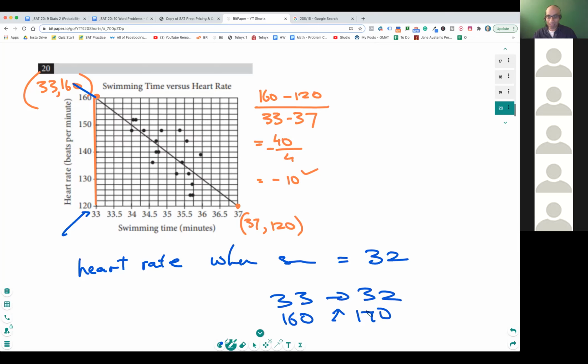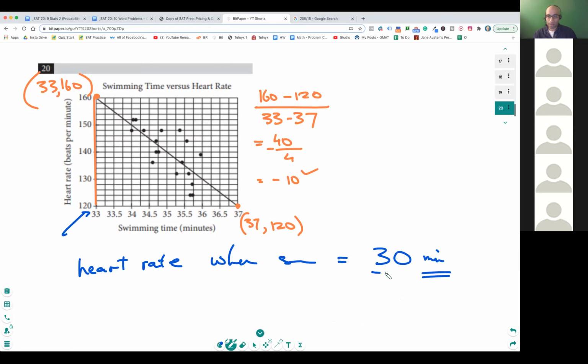Okay, one last one of this type. See if you can do it. What will be the heart rate when the swimming time is 30 minutes? That's going to be a crazy heart rate. So remember, swimming time is 30 minutes, which means you were at 33, so you're going to go back to 30, which means 3 minutes.